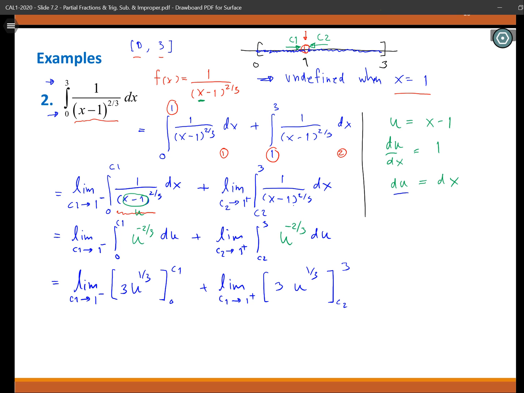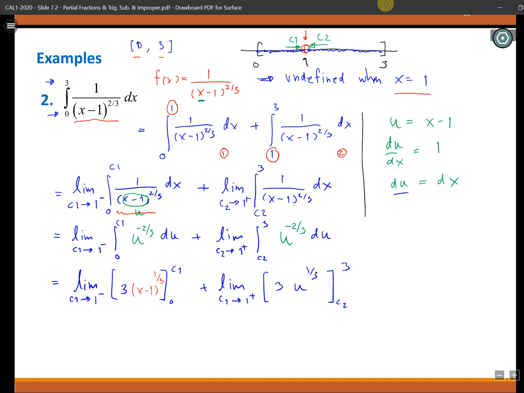Okay, and as before, we want to substitute x back into our answer. So here I'm going to perform the substitution back. So this becomes x minus 1 to the power of 1 over 3.